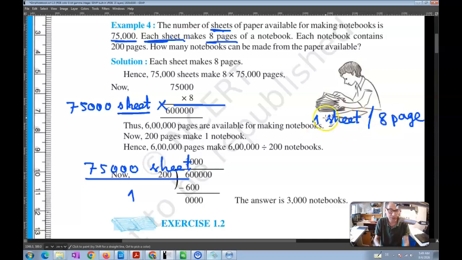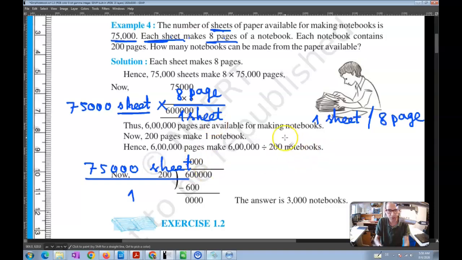Naturally, because I want to get rid of the sheet over here, I have to write this sheet in the denominator, so that this sheet is in the denominator and that sheet is in the numerator, so that you can cancel them out. So I will write one sheet per 8 pages, or 8 pages per one sheet, right?